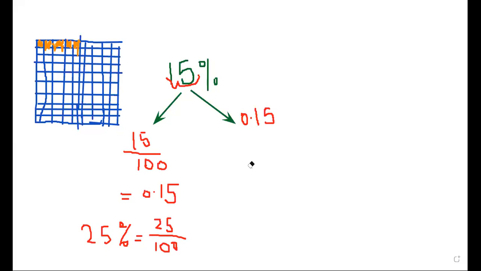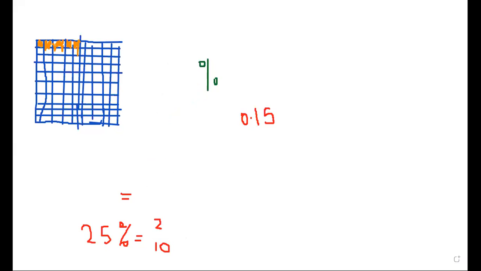If you want to change it into decimal, then you will put the sign after 2 digits, which means you will move the decimal point 2 digits to the left. Okay, let's move to the next part.